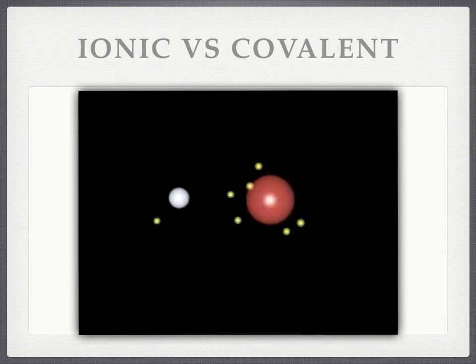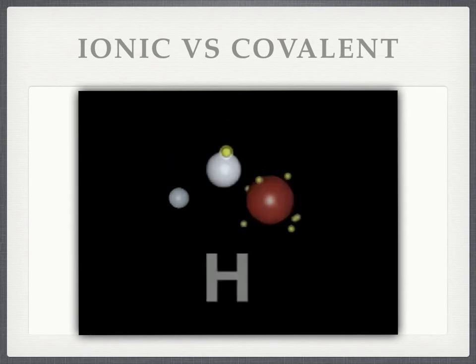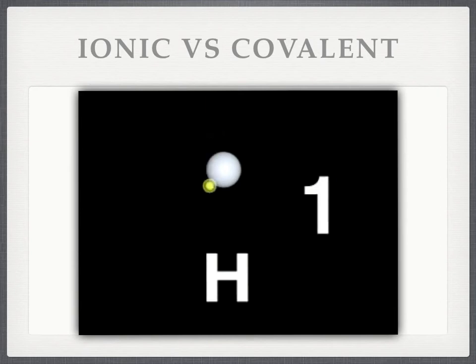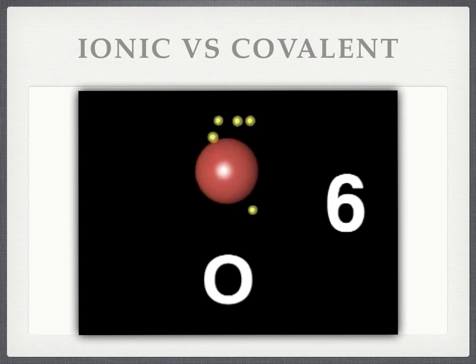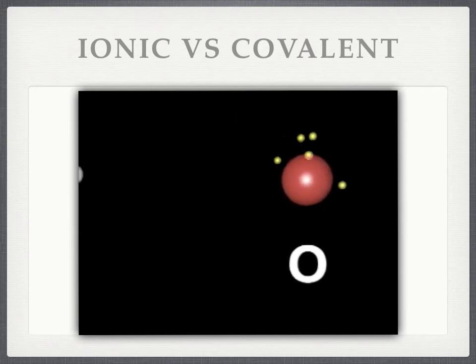Covalent bonding occurs when neither atom has sufficient strength to completely remove the other atom's electrons. The atoms share electrons, and both atoms achieve a stable outer energy level. So notice how they're going around both. A hydrogen atom with one valence electron needs one additional electron to complete the first energy level. An oxygen atom has 6 valence electrons and needs 2 additional electrons to complete the second energy level.